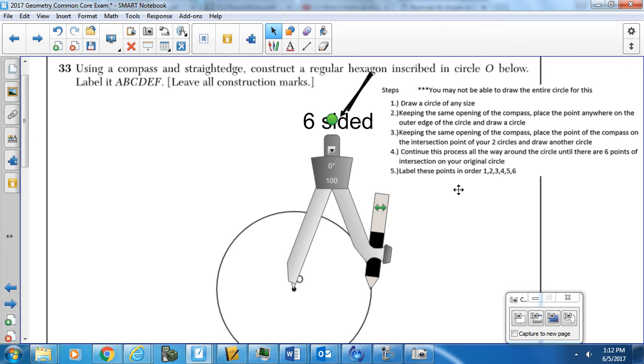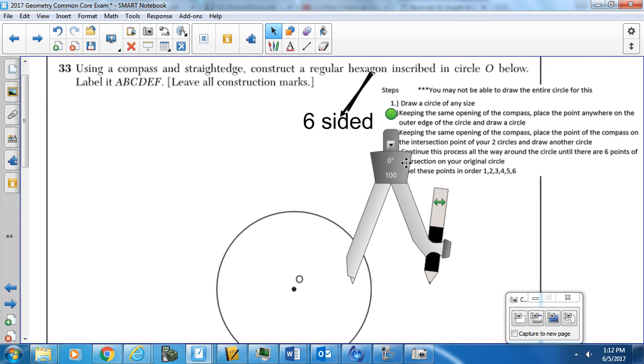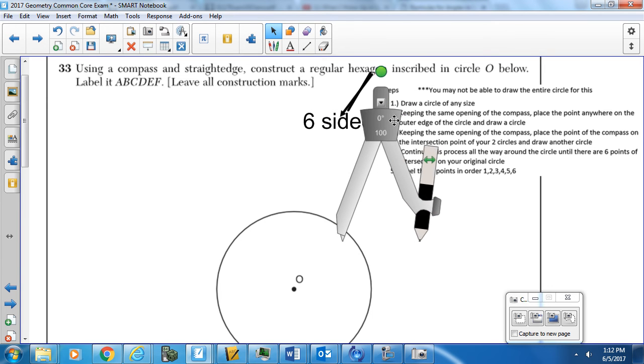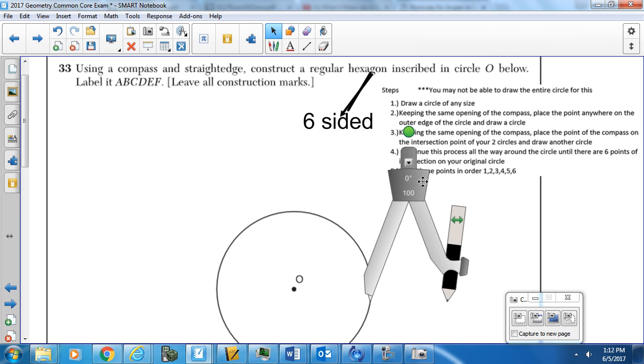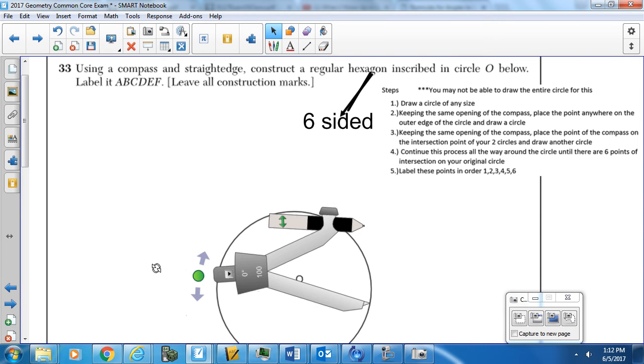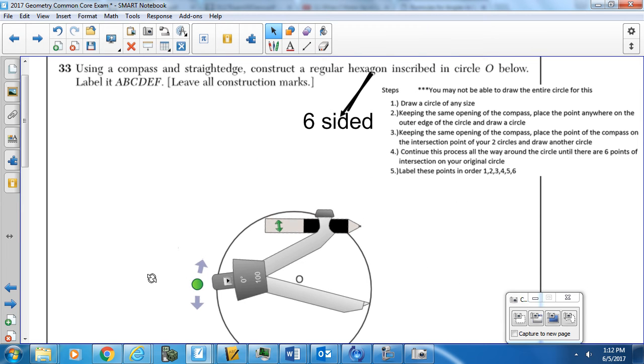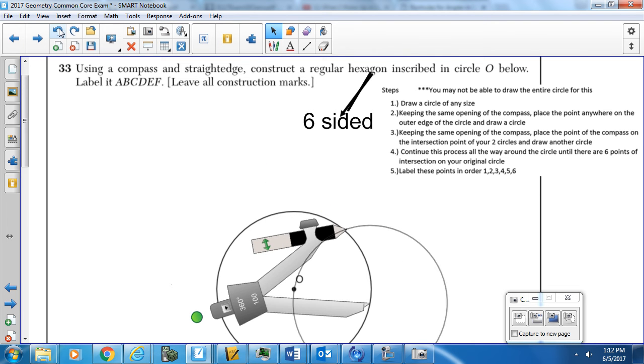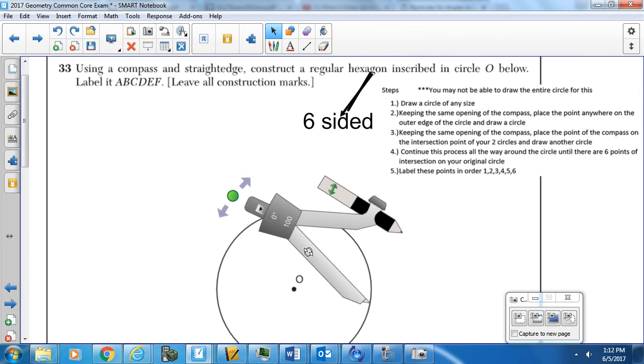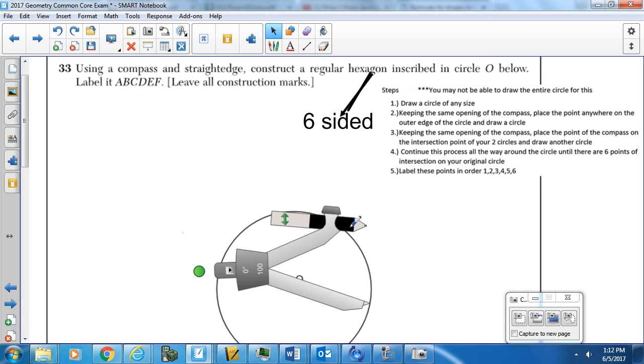So here the circle is drawn. So we want to get the radius, get that opening. All right, now we're going to go anywhere on the circle. It doesn't matter where you start. You're going to put your compass point anywhere on, and you're going to make a mark. Now, you could draw the entire circle. However, you're going to have to do this 6 times, and if you remember from class, it can get kind of messy.